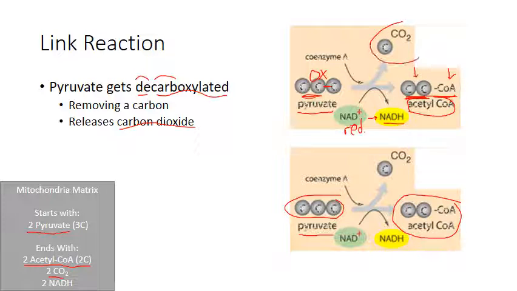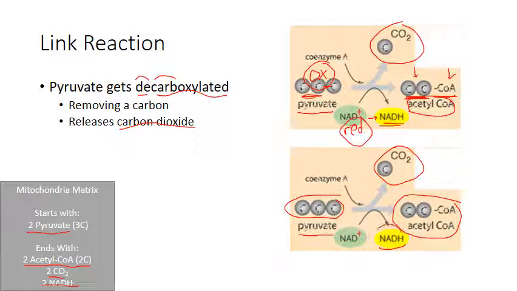So for each carbon that we plucked off, we're going to be breathing out a carbon dioxide molecule, and 2 NADHs. So 1 for each of those pyruvates. So again, pyruvate is going to get oxidized and NAD gets reduced into NADH. And that is the link cycle, or the link reaction.